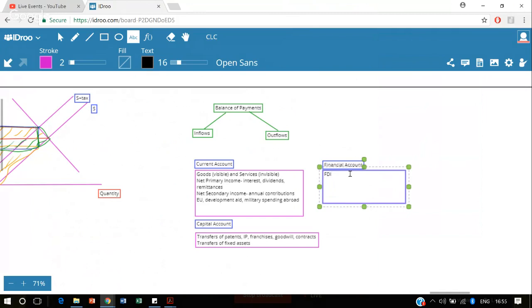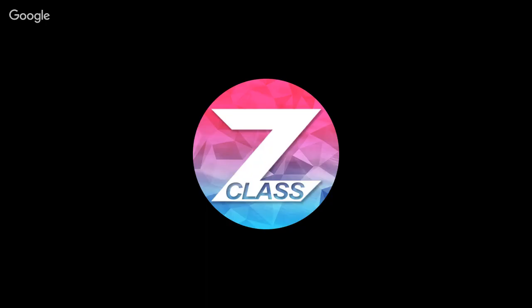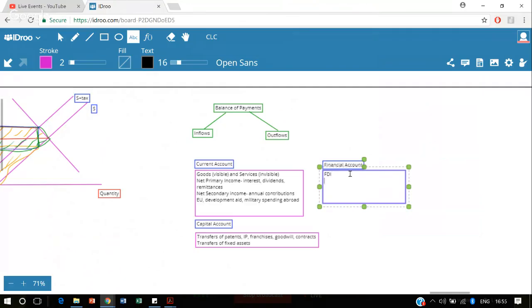Okay? So there's going to be a transfer of a fixed asset. There's going to be something which happens in the capital account, and there's going to be some money which comes in. So it's any change of ownership of financial assets and liabilities between UK residents and non-residents. Okay?